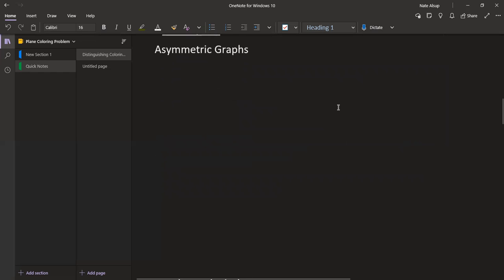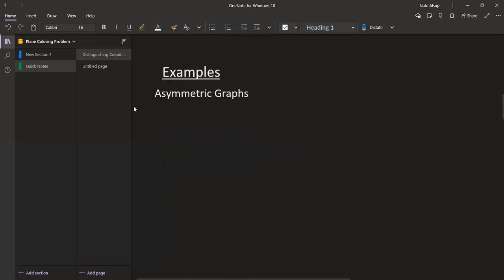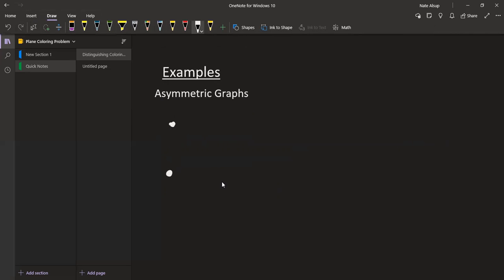All right. So let's move into the examples. The first example is asymmetric graphs. Let me just draw a random asymmetric graph. Put one down here, and do one right here, here, here. Connect them in a way.